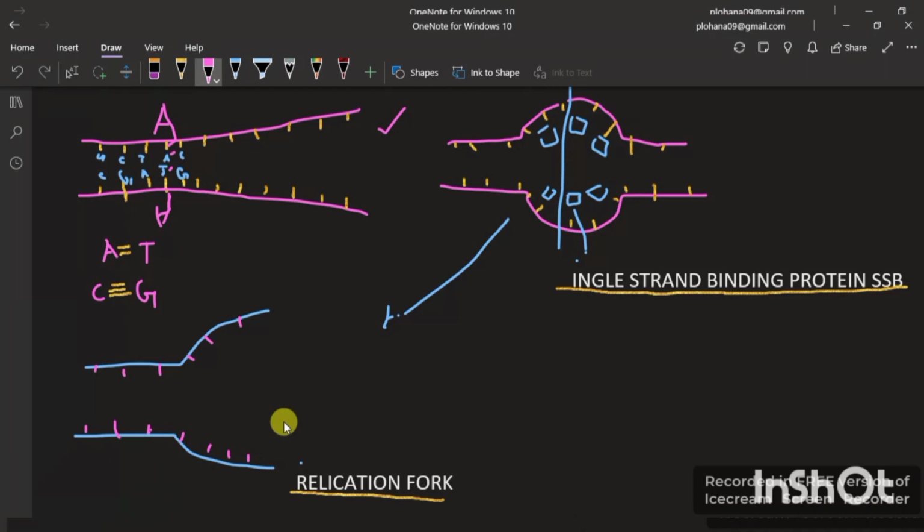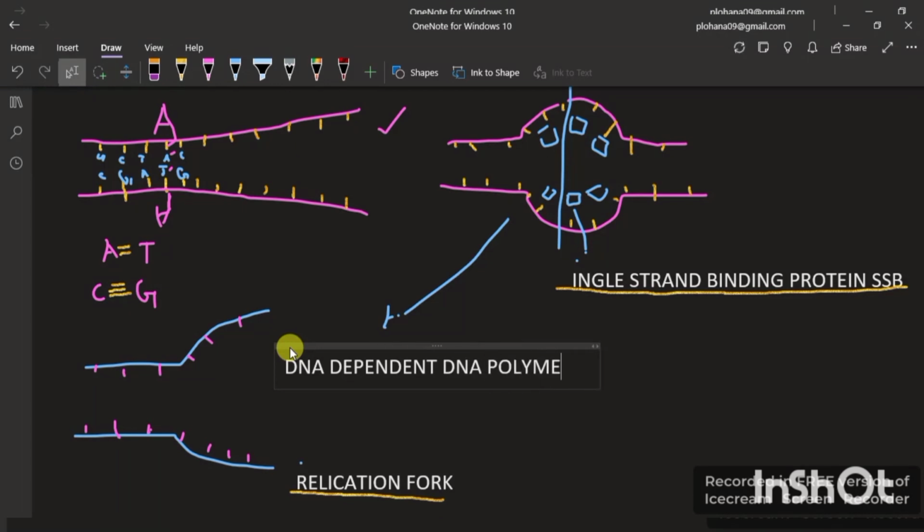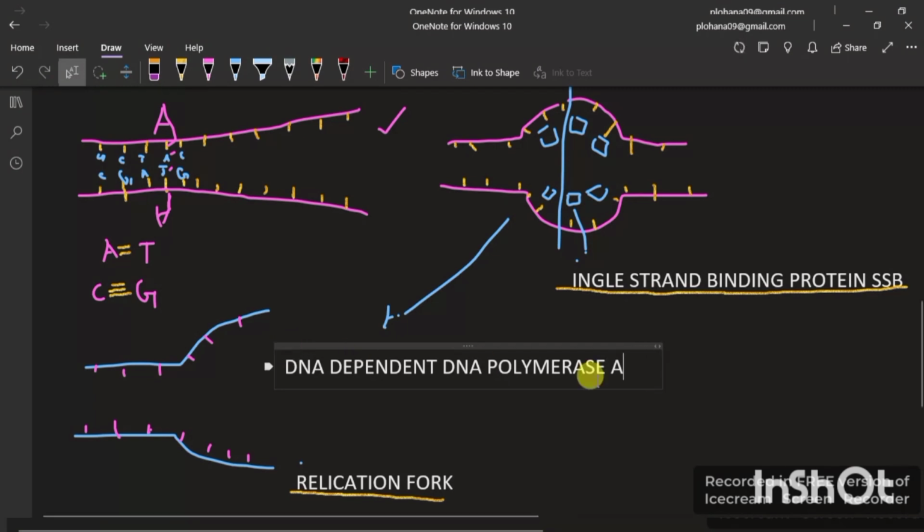Now here an enzyme will come. What that enzyme will be, let me write here: DNA dependent DNA polymerase A. Because we do have different types of this enzyme.